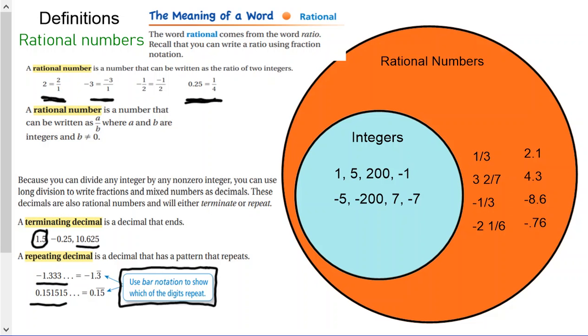Okay, so as long as it is a whole number, positive or negative, that can be written in fraction form, it can be considered a rational number. Okay, and we can also write fractions as decimals as well as decimals as fractions. So integers as well as fractions and decimals are considered rational numbers.